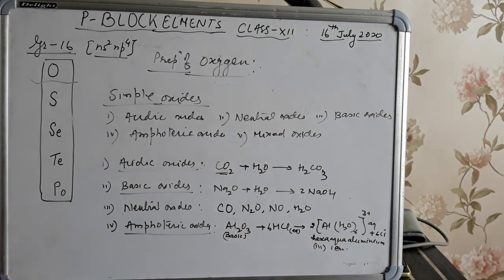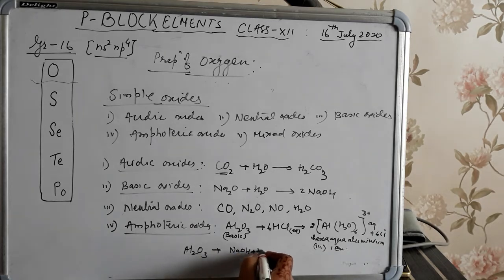Next one is aluminum oxide when treated with sodium hydroxide. Students, here we also use water, 9H2O. Write down the balanced equation.